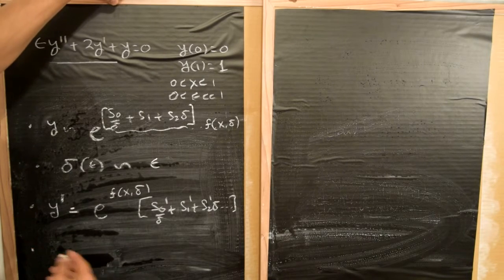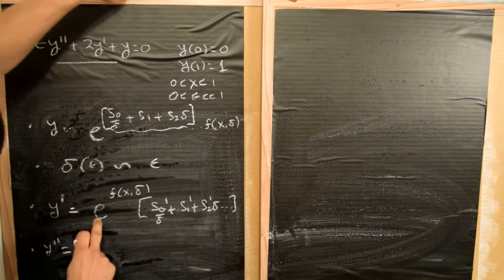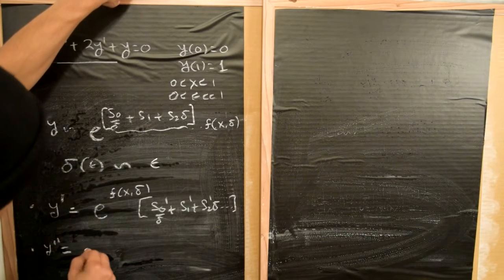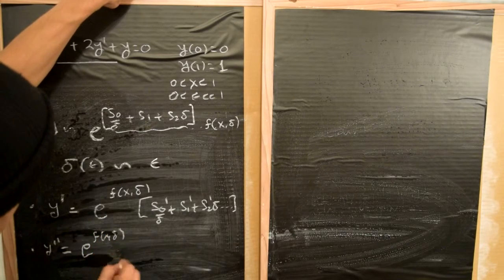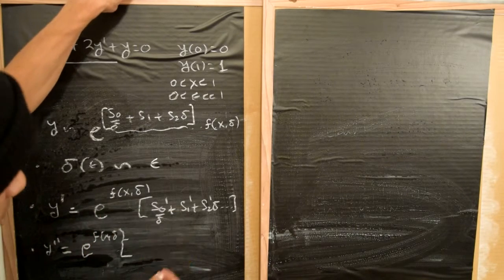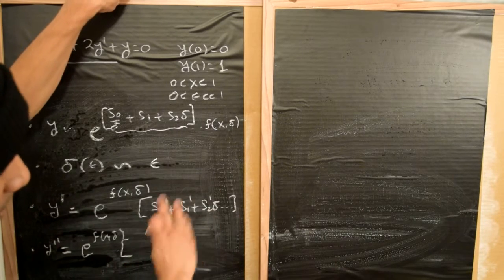Similarly, we need to evaluate the second derivative y double prime. Again, an exponential to the power of some function, we'll have the same exponential, and then the derivative of that function, but we already have a factor which contains the derivative.